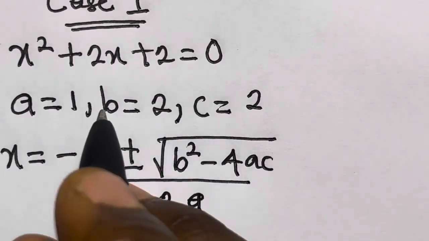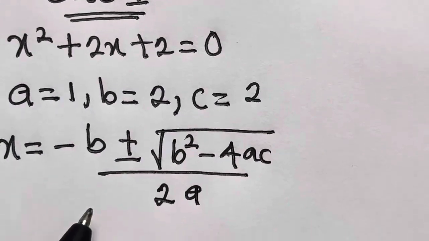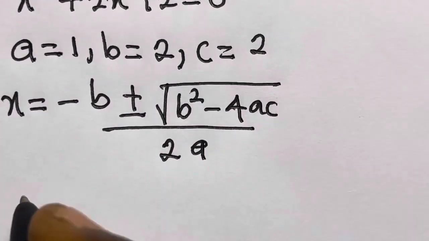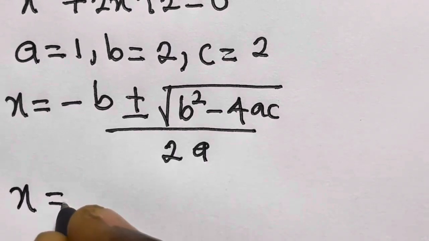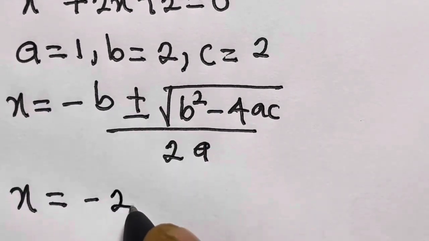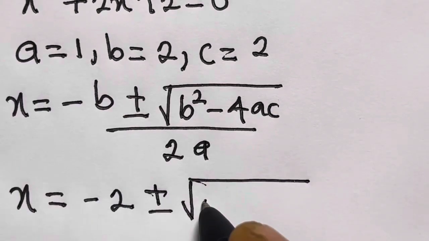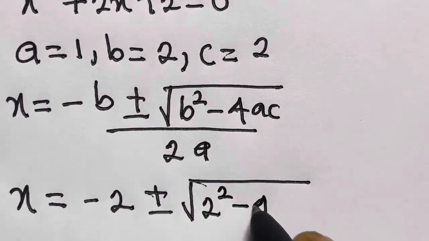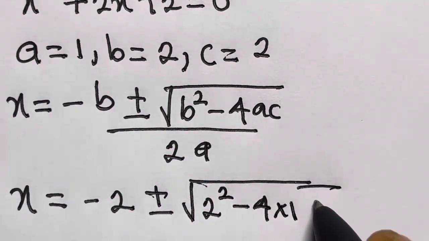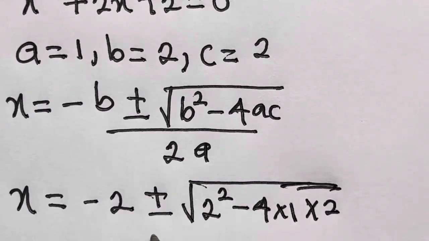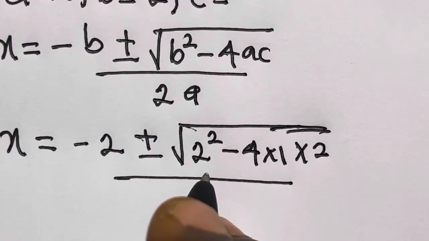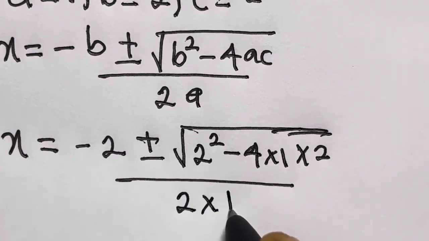So if we substitute these values into this formula, we will have x equals minus 2 plus or minus square root of 2 squared minus 4 times 1 times 2, divided by 2 times 1.